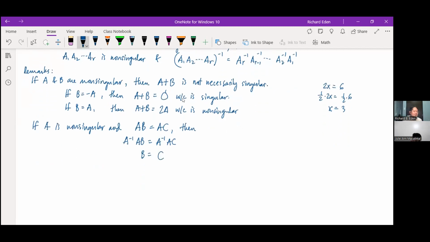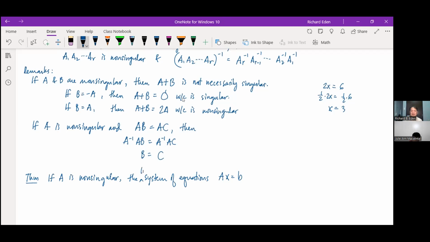Okay. Theorem. If A is non-singular, what do you think is true about the system of equations AX equals B?